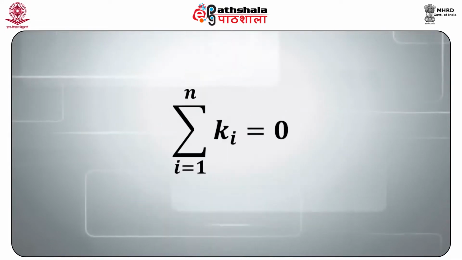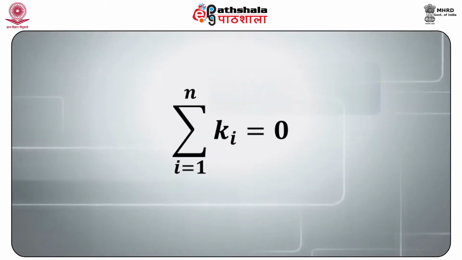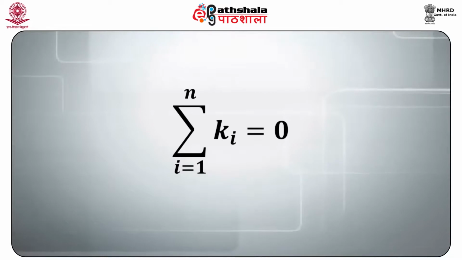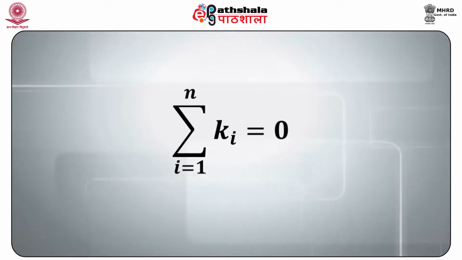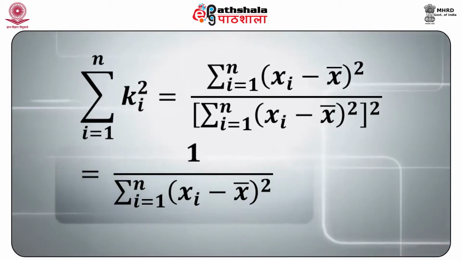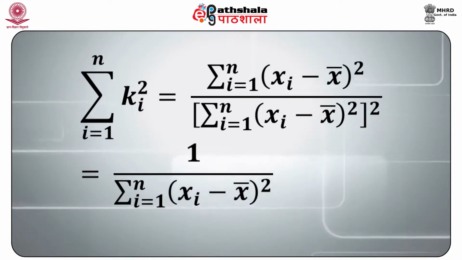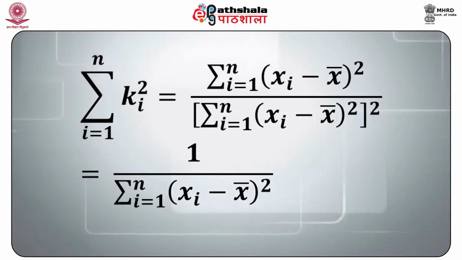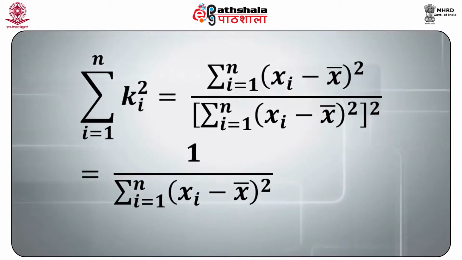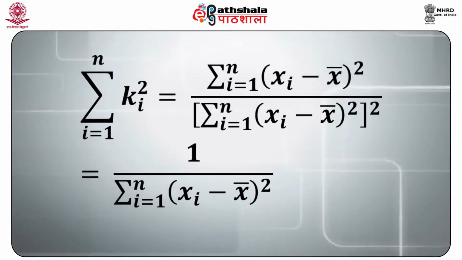Now the ki's have some properties. We can look at these properties, and in fact we can prove all of them. For example, the first property is that sigma ki is equal to 0. The second property is that sigma ki square is equal to sigma (xi minus x bar) square upon sigma (xi minus x bar square) whole square.